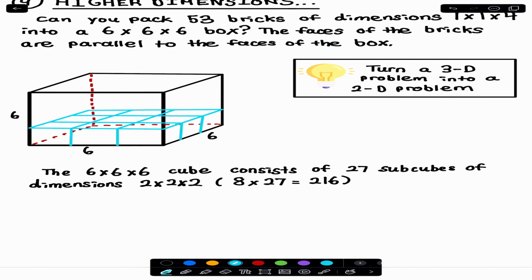Okay, so it's not perfect, but I did the best I could. I hope you can see this clearly. We have 1, 2, 3, 4, 5, 6, 7, 8, 9 cubes of 2 by 2 by 2, and this can be considered the bottom layer.